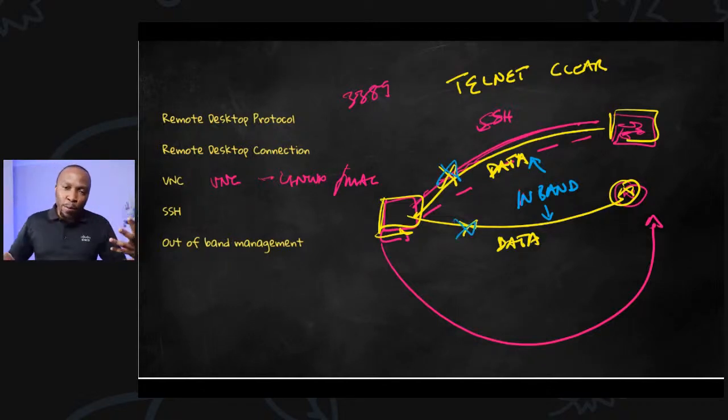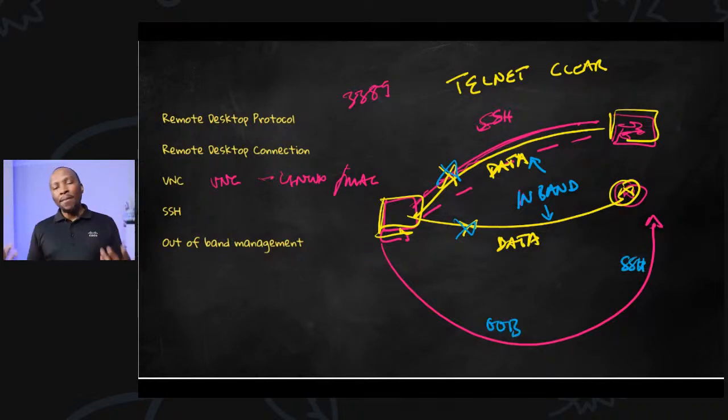So in the network world, we have what we call out of band. And out of band is a connection to your network devices that does not traverse through the same path as data. So if these links were to go down, I can then go via the out of band link and SSH into this router and be able to verify what is happening.